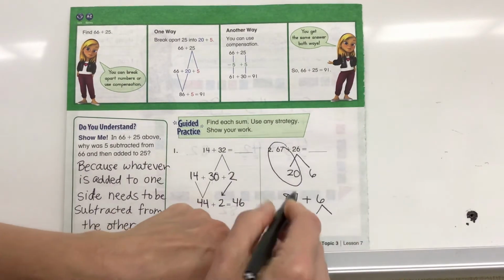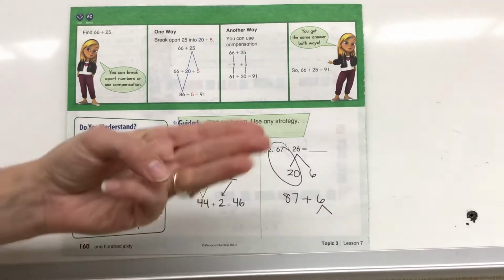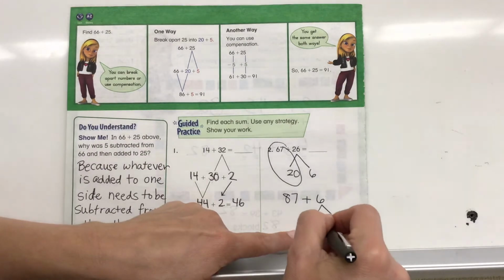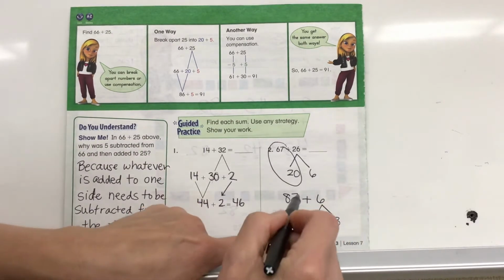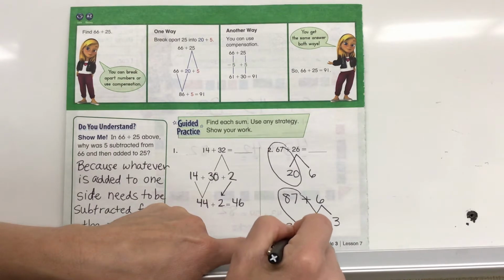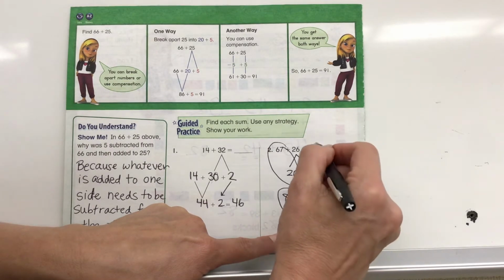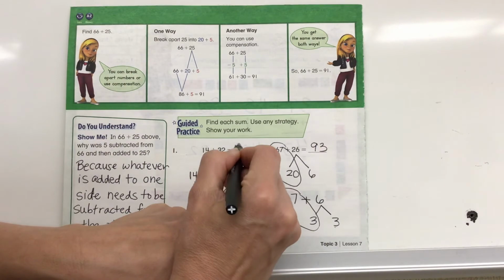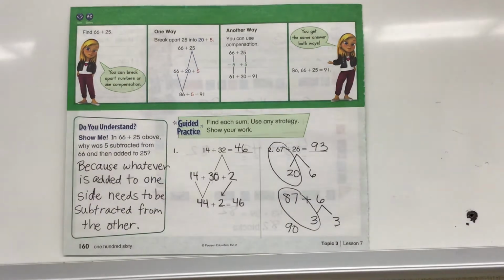I can break this apart. 7, 8, 9, 10 is 3 plus 3. So 87 plus 3 is 90 plus 3 equals 93. I forgot to write our sum over here. So again, just another little strategy we can use. But again, you can stack it and add it. You can do it into bundles of 10 and bundles of 1, and we can do place value.